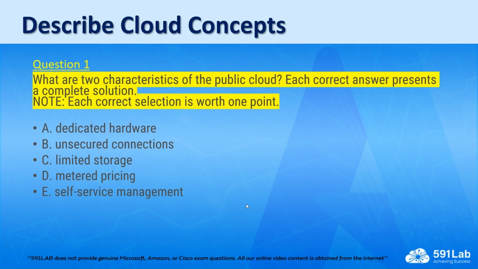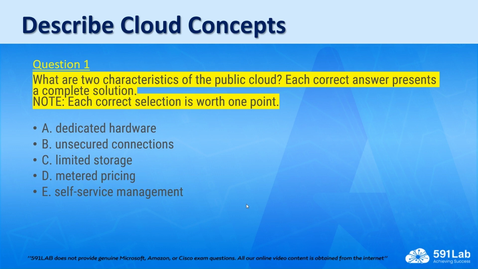So unsecured connections, that is not true, because within the public cloud there are aspects of cloud security that have been implemented, to ensure that all the consumers and all their data are protected within the public cloud wherever they do their connections.